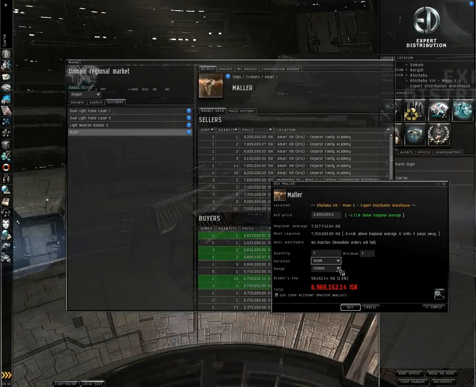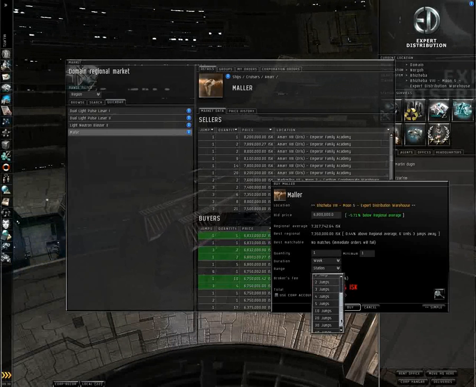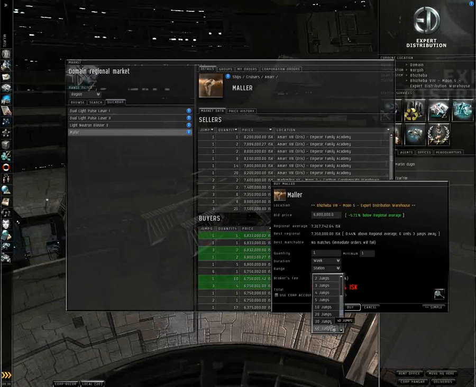And I can set a range: station, solar system, region, 1 jump, all the way up to 40 jumps. I don't want that, but you could. So I wouldn't buy directly, but I would place an order for me to buy one if someone is willing to sell at 6.9 million.